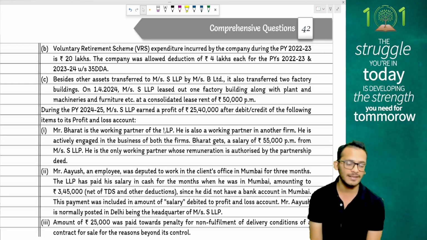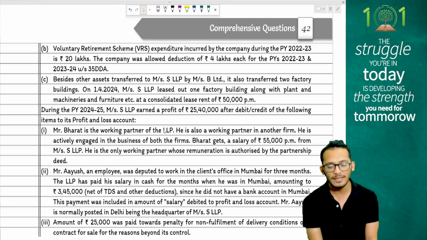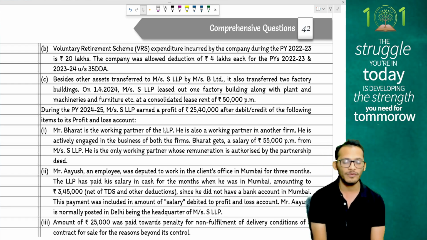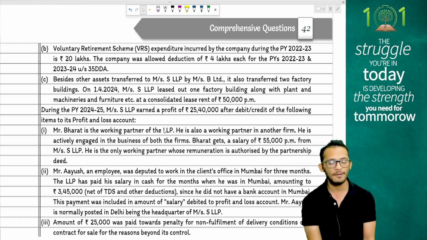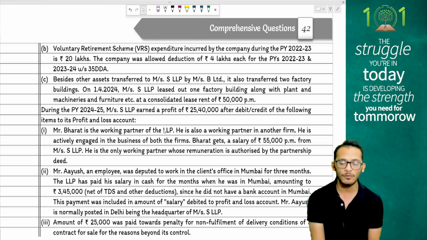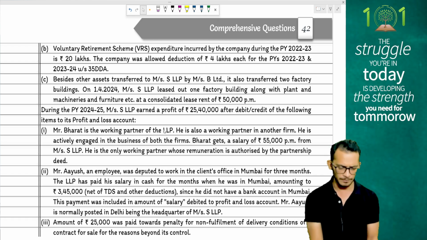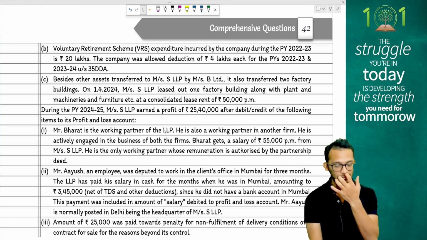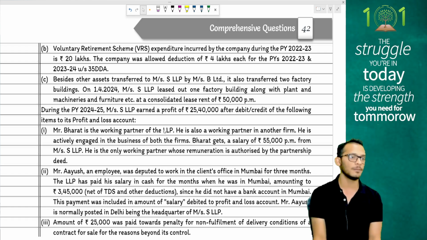Next, besides other assets which are transferred to SLLP by B Limited, it also transferred 2 factory buildings. On 1st April 2024, SLLP has leased out one of the factory buildings along with plant and machinery and furniture at a consolidated rent of 50,000 per month.